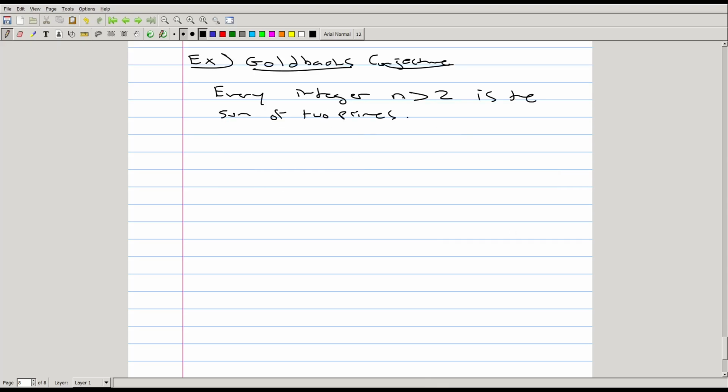The twin prime conjecture is a conjecture on what are called twin primes. Twin primes are pairs of primes that differ by 2, and the twin prime conjecture asserts that there are infinitely many twin primes.